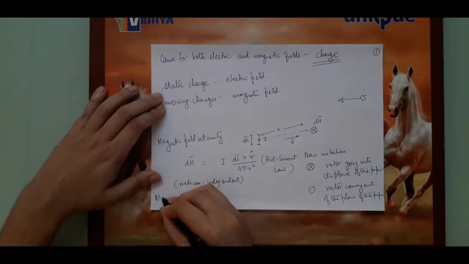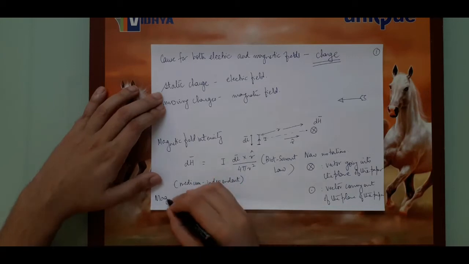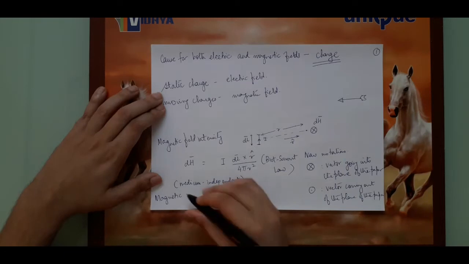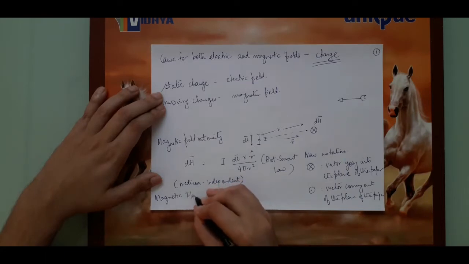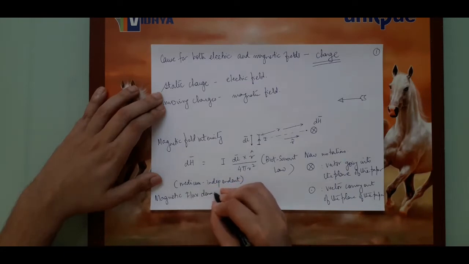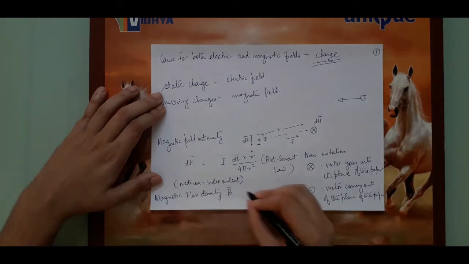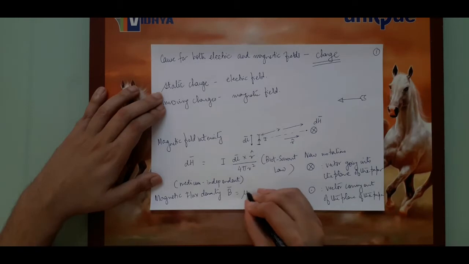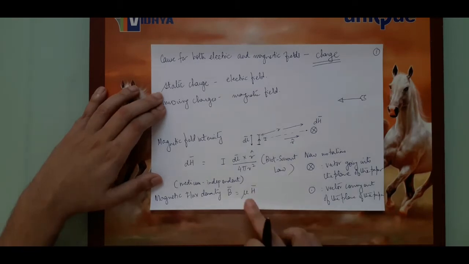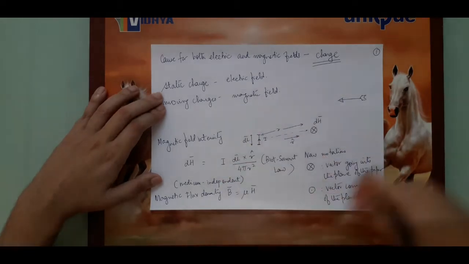Now if I want to see the medium driven magnetic field, I define a new quantity called magnetic flux density, or B. This is nothing but mu times H, where mu is the permeability of the medium.